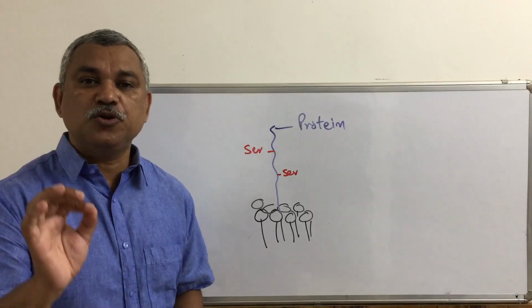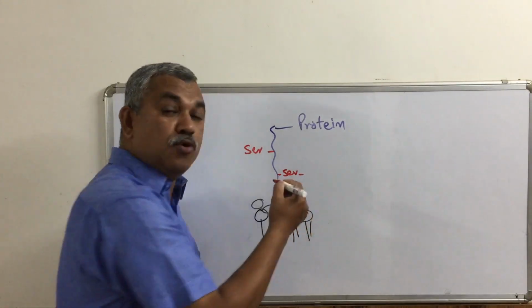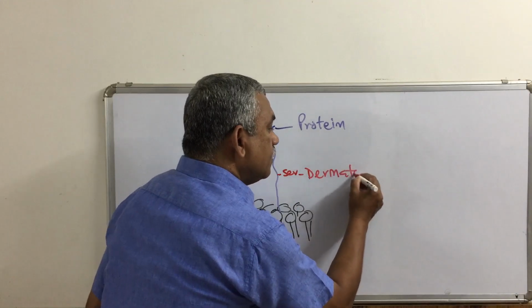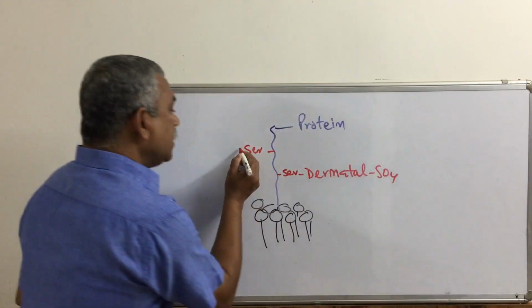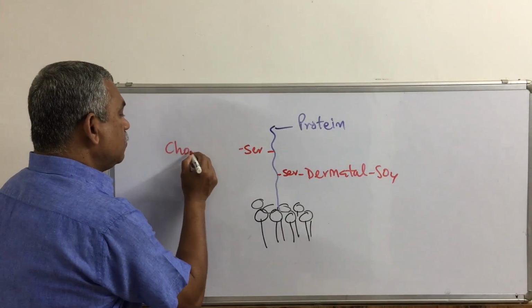To the hydroxyl group of the serine, a carbohydrate gets attached, here it may be a mucopolysaccharide like dermatan sulfate, or this may be a chondroitin sulfate.